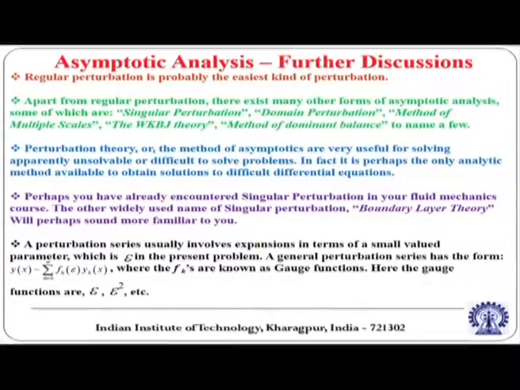A perturbation series usually involves expansions in terms of small valued parameters, which is epsilon in the present problem. A general perturbation series has the form, you can see that y is equal to summation of f_k epsilon into y_k x, where f_k's are known as gauge functions. Here the gauge functions are epsilon, epsilon square, epsilon cube, like that.